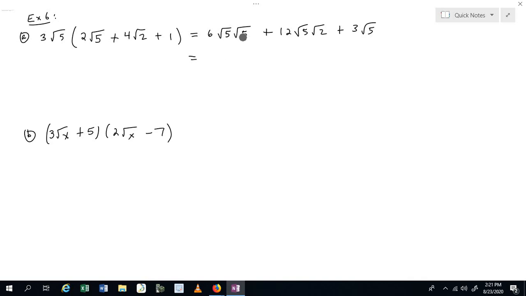Remember, when you multiply two radicals together like this, you're allowed to write it as 5 times 5, and then take the square root of that. So those are equivalent. That's just this property that says the square root of a times the square root of b is the same as a times b, and then take the square root of that.